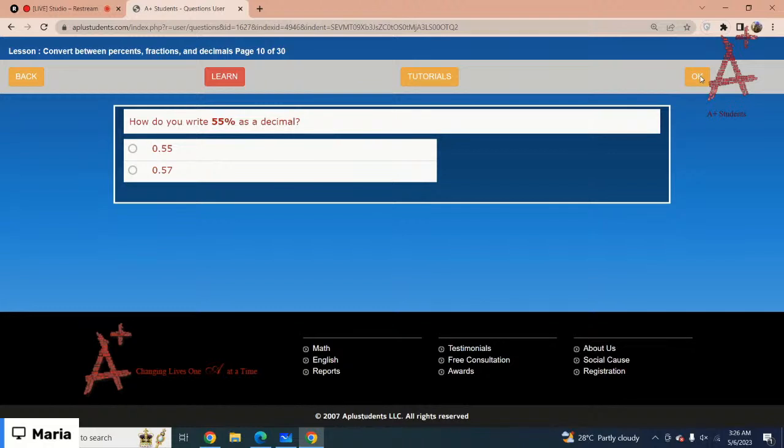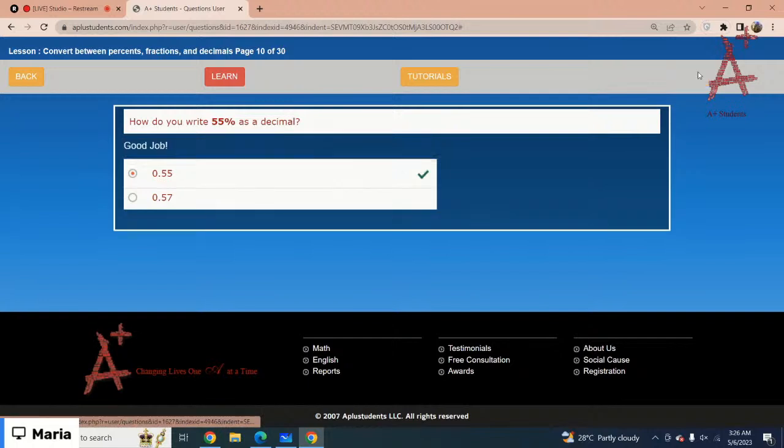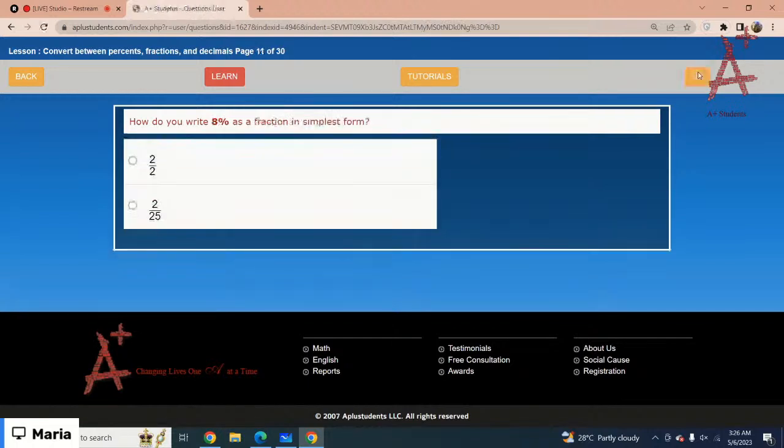Okay, the next one is, how do you write 55% as a decimal? It would be 55 divided by 100, and that equals 0.55. So the correct option is 0.55.